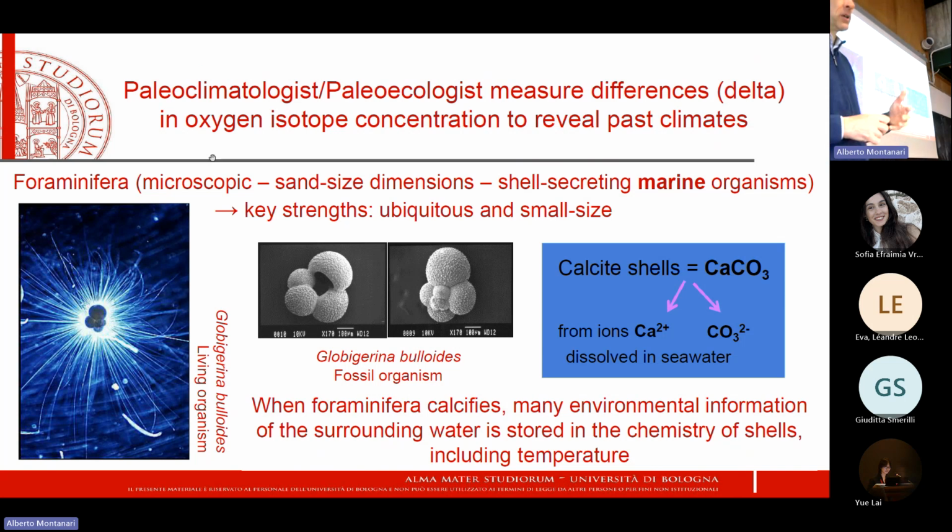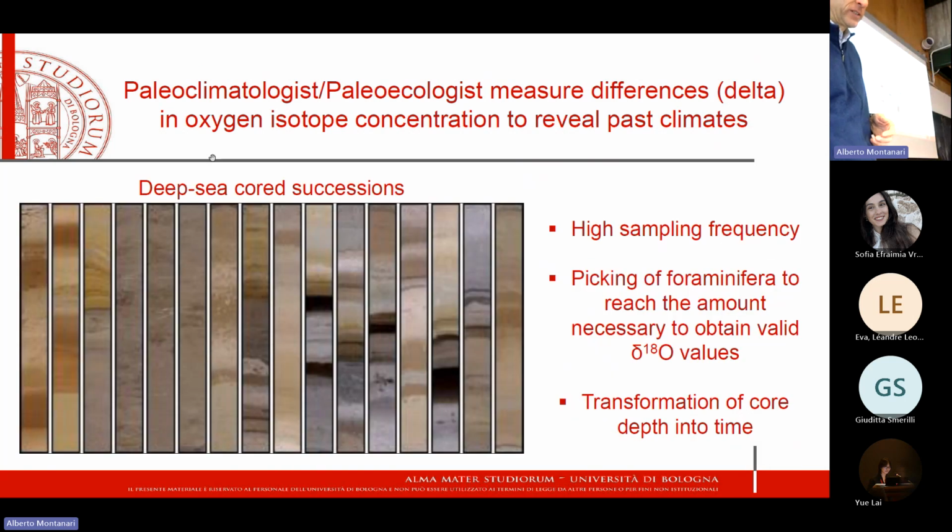And therefore, when we talk about isotopes, very often we talk about isotopes from foraminifera. So basically, you see the chemical formula of calcium carbonate, and you see the oxygen there. And therefore, they collect atoms of oxygen from marine water. This is why we are interested.